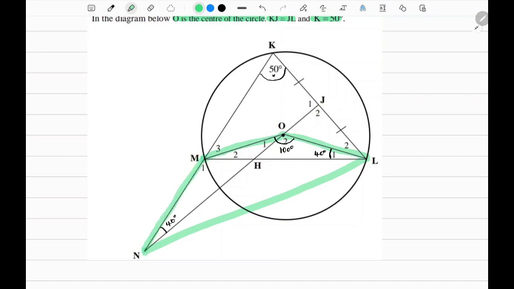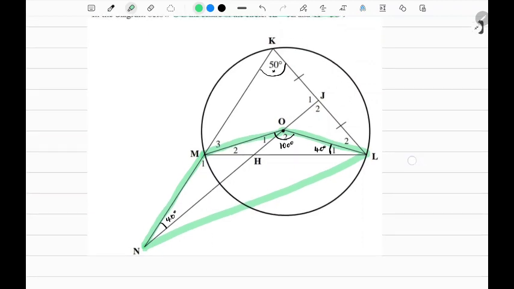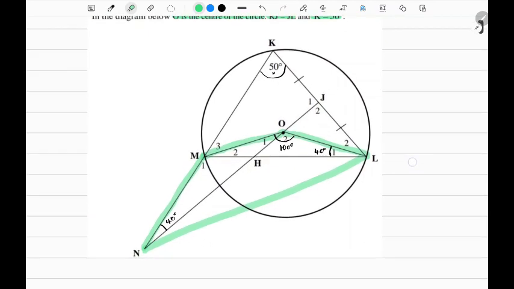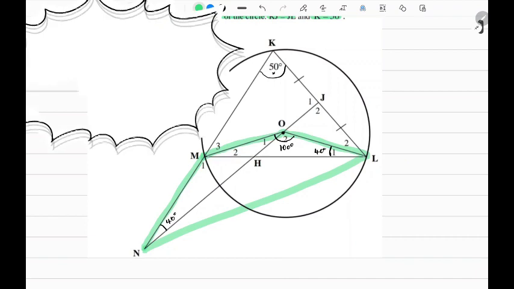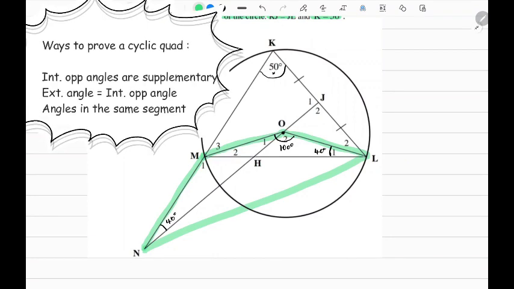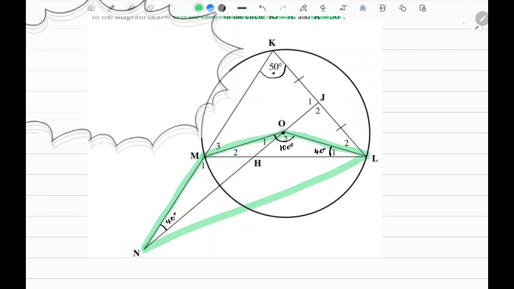There are a number of ways of proving that a quadrilateral is cyclic. To mention a few, you can prove that interior opposite angles add up to 180 degrees, you can show that an exterior angle is equal to the interior opposite angle, or you can identify angles subtended by the same chord to be equal.